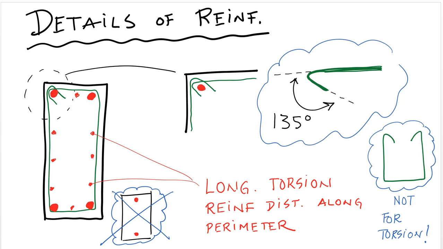It has to be distributed along the perimeter, like this. That kind of torsion reinforcement is acceptable.